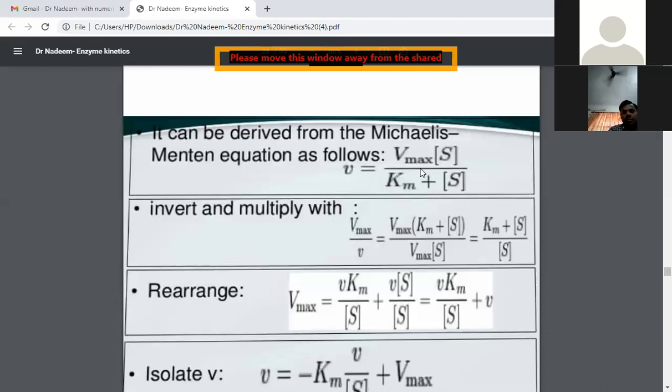Then it becomes Vmax into Km plus S, whole upon Vmax into S. This is again simplified: Km plus S upon S.